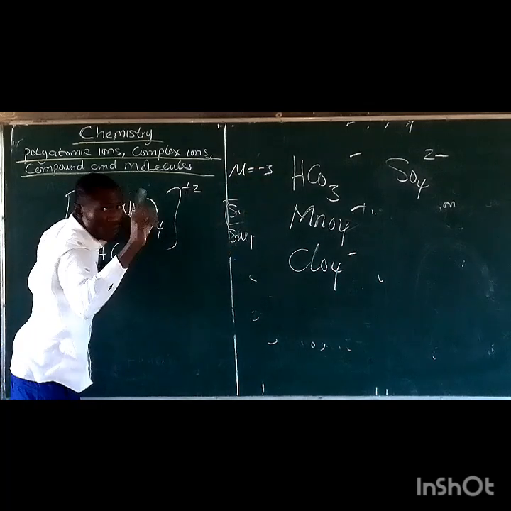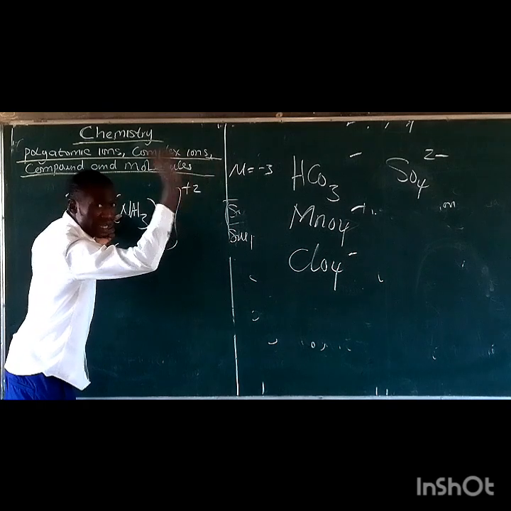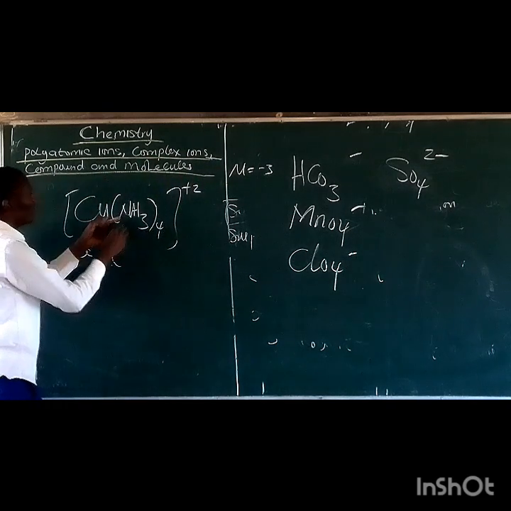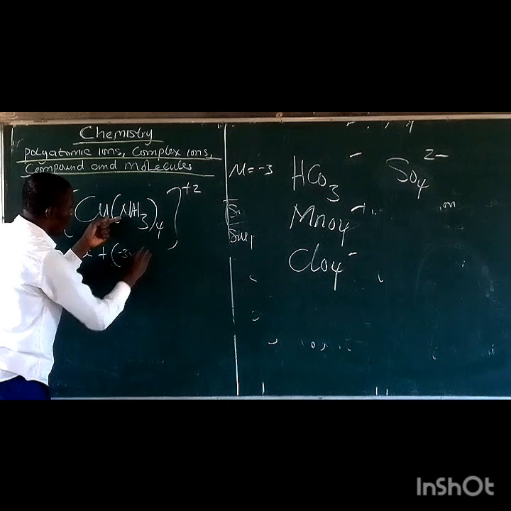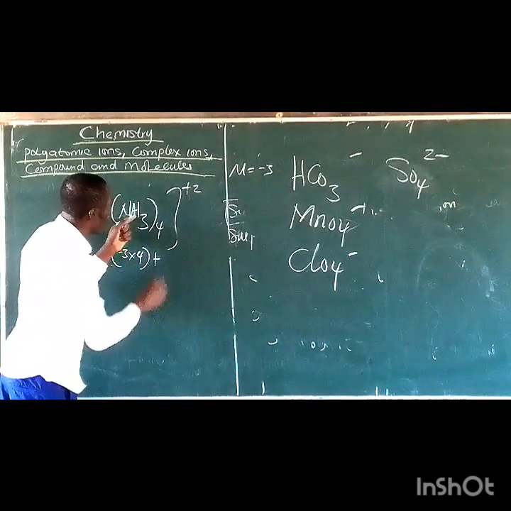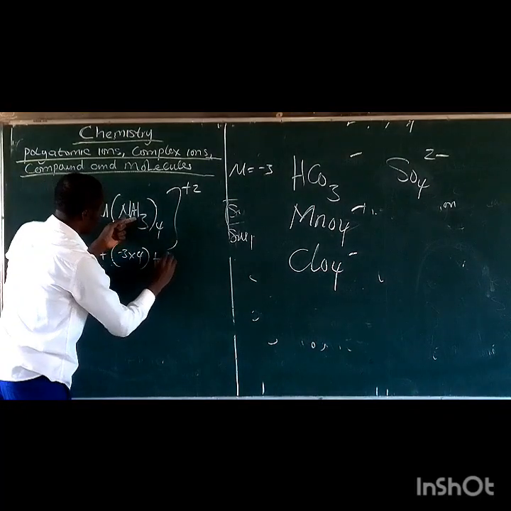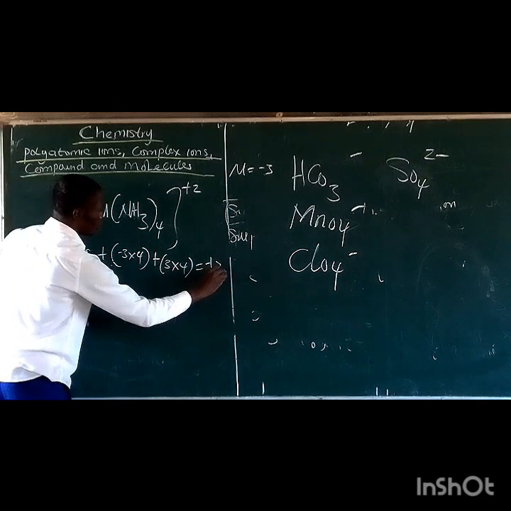If you check your periodic table, nitrogen is minus 3. Now, nitrogen is minus 3 times 4, and then plus, this is hydrogen. Hydrogen is plus 1, plus 1 times 3, that is 3, times 4. So everything is equal to plus 2.